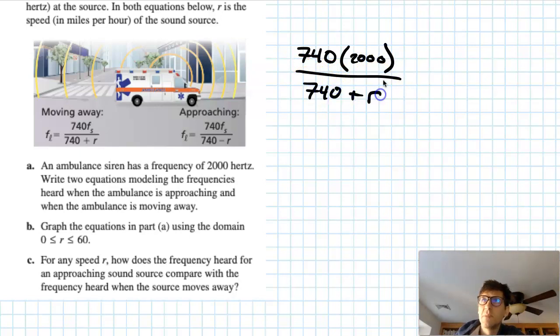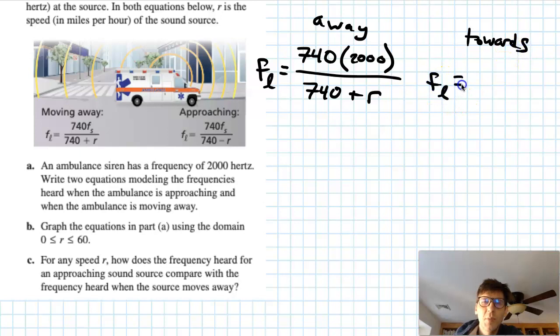They don't tell us the speed, so this would be away. The frequency of the listener would be this, and towards or approaching, the frequency of the listener would be the exact same thing except minus. So nothing too fancy there, but let's see how it plays out.